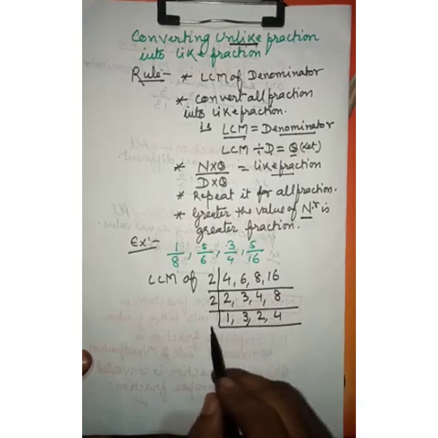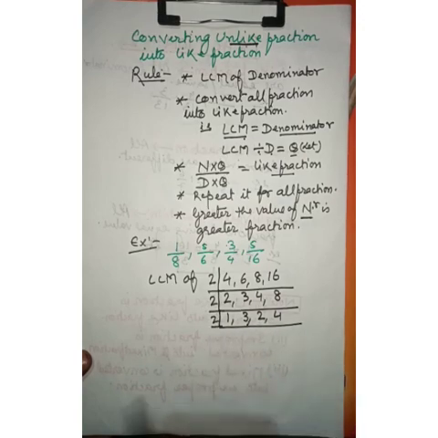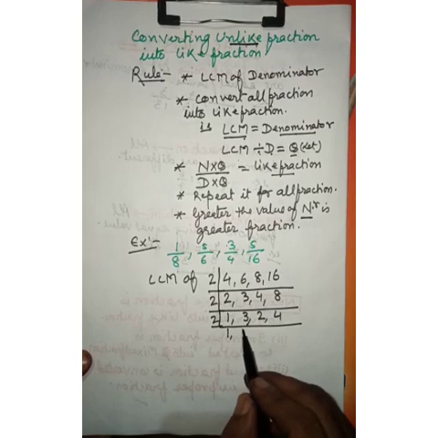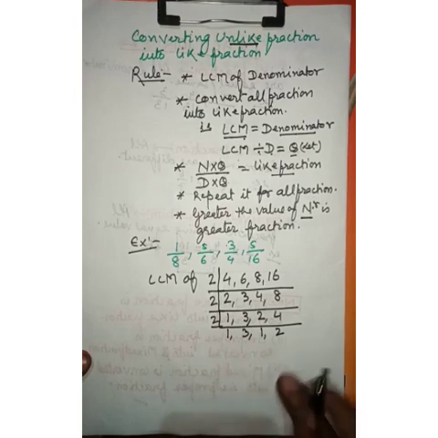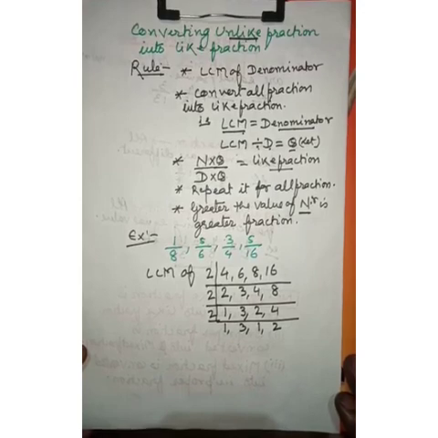Again 2 numbers are divisible by 2, so we divide again: 3 is not divisible, write as it is, 2 1s are 2 and 2 2s are 4. Now at last these numbers do not have a common factor, so we leave it here.